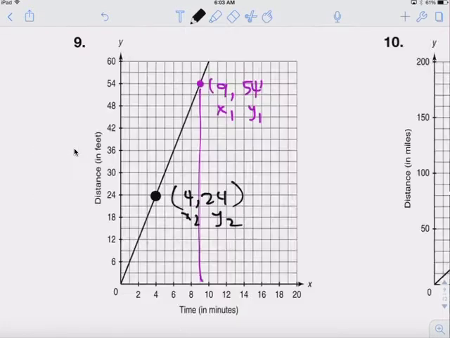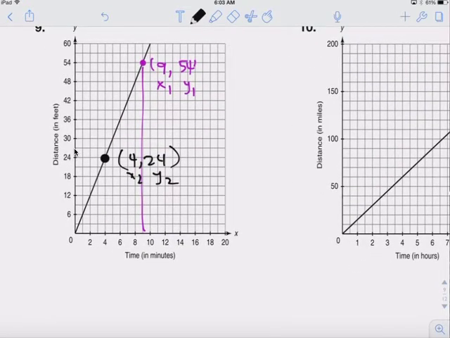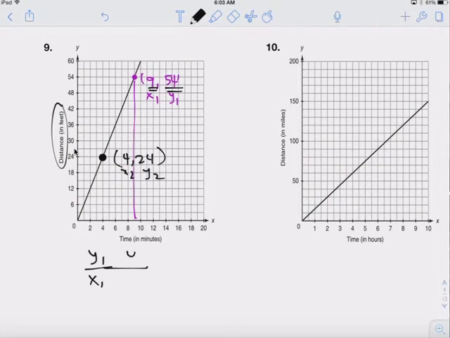So let's look at our first point. Remember, it's distance over time, so 54 over 9. So y1 over x1, and then the other one is y2 over x2. So our problem is 54 over 9.